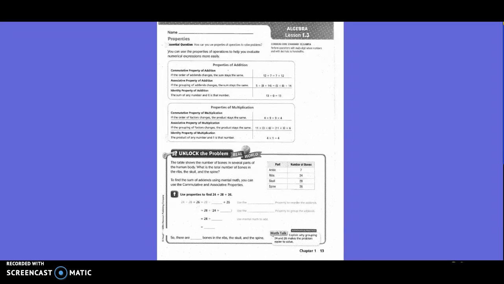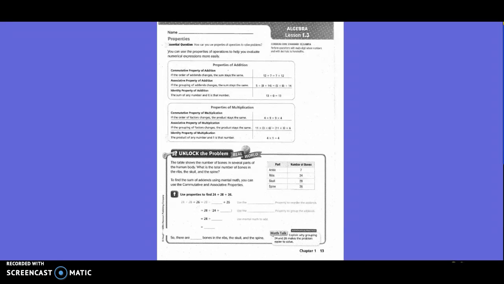Okay. All right. Look at the problem. The table shows the number of bones in several parts of the human body. What is the total number of bones in the ribs, the skull, and the spine? So basically, to find the sum of addends using mental math, you can use the commutative and associative properties.